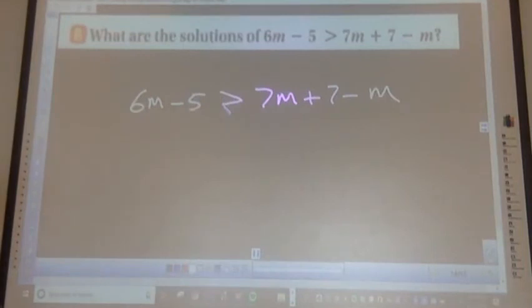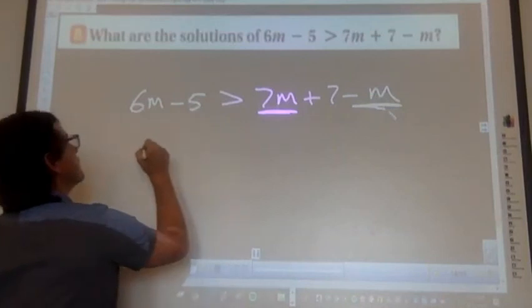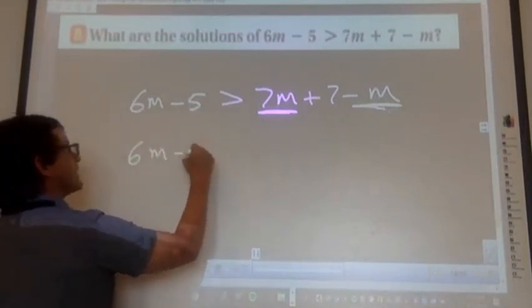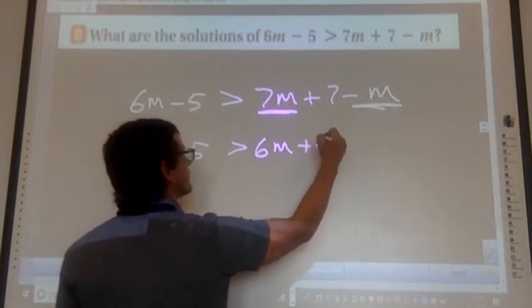Okay, so first thing I do is combine like terms here. So we get 6m minus 5 greater than 6m plus 7.